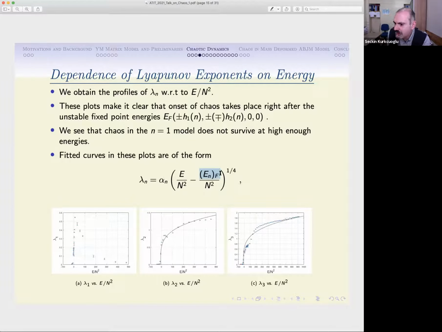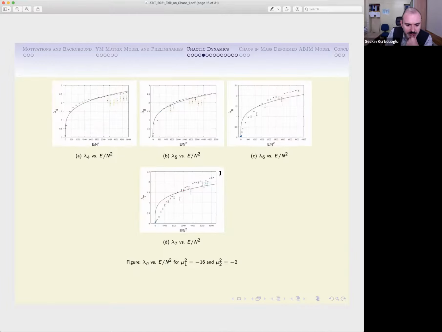So they explicitly depend on the mass, if you like. But for the time being, I'm using the mass terms, which is -16 and -2 for the fuzzy 4 sphere and the fuzzy 2 sphere. So the fitting curves are given accordingly.